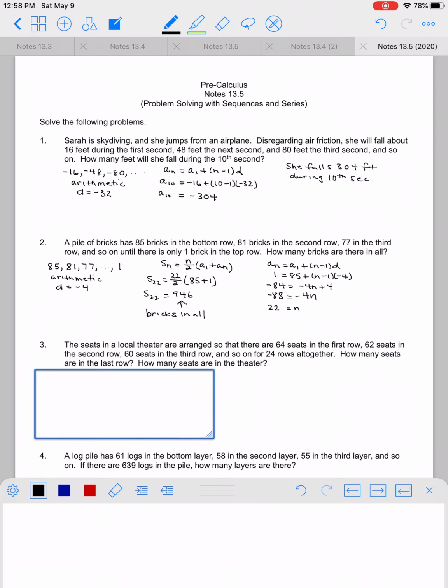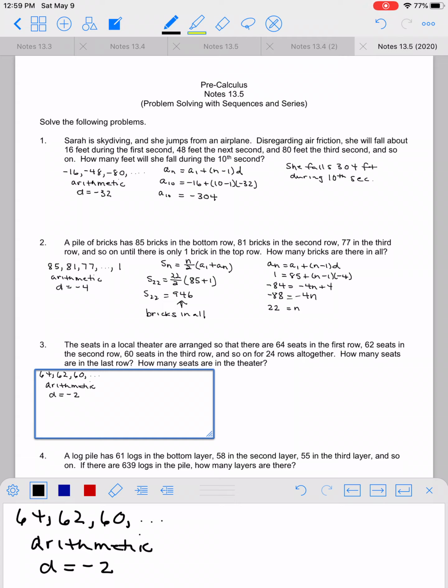Okay, next one. It says 64 in the first row, 62, 60, that pattern continues, and there are 24 rows altogether. So this is also arithmetic, and we see that the common difference is going to be -2. The first thing I want to know is how many seats are in the last row.